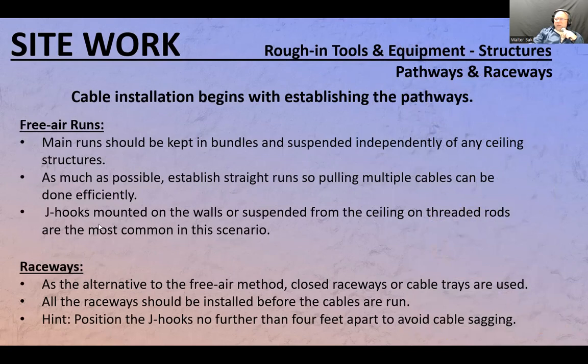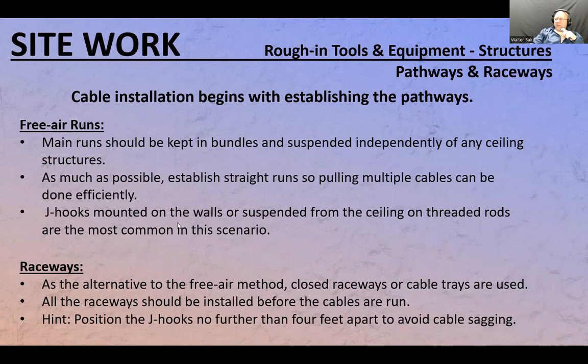Now, J hooks. J hooks are, well, more towards data wires. However, some electrical wires are suspended on J hooks as well. That depends on the contract and the situation. So J hooks are mounted on the walls or suspended from the ceiling on something that's called threaded rods. That's a loaded sentence.